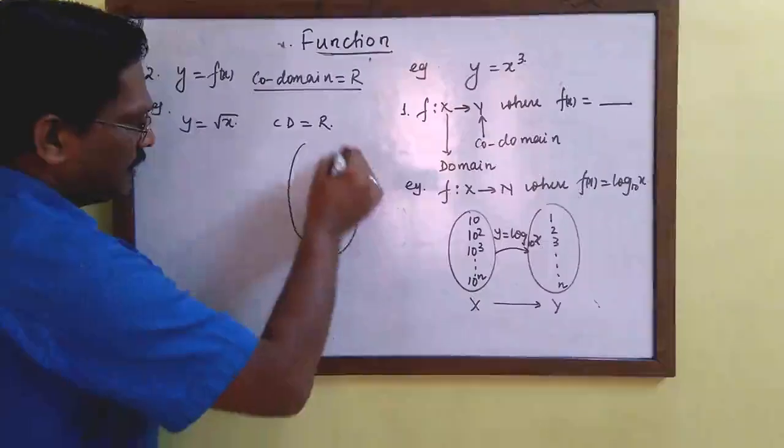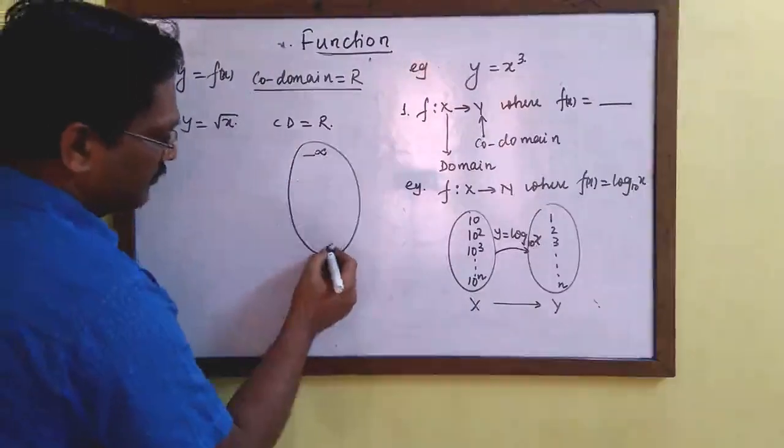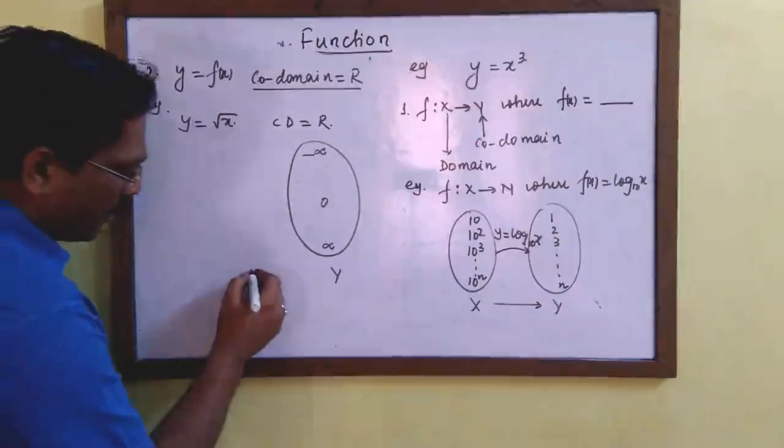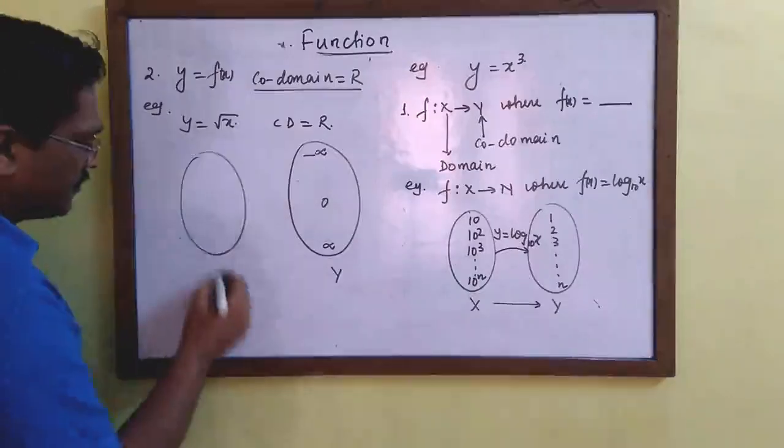So this is my set y, that is minus infinity to infinity, all the real numbers. Now how will I get this set as output?